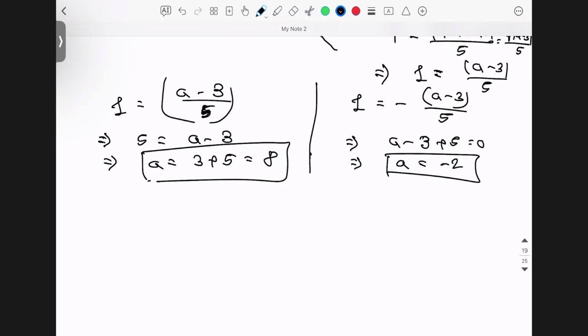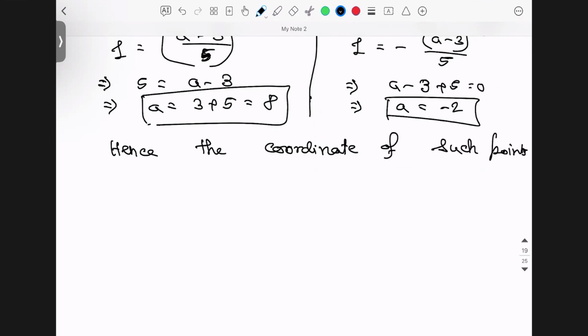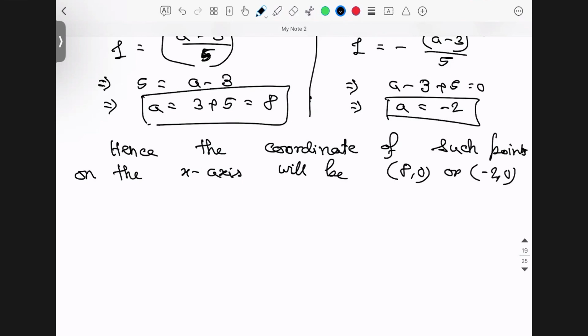From here, we can say the coordinates of such points on the x-axis will be (8, 0) or (minus 2, 0), such that the distance from these points to the given straight line will be 4 units.